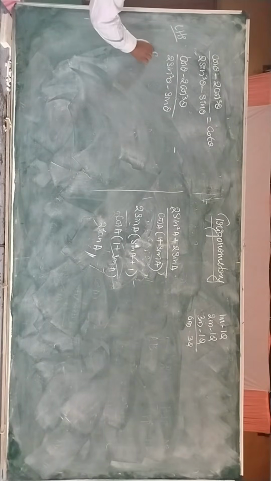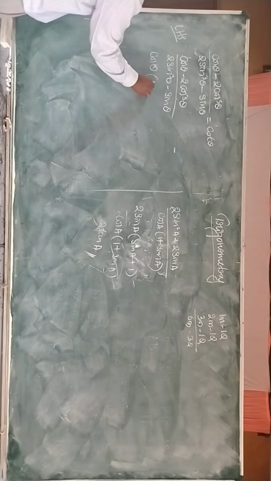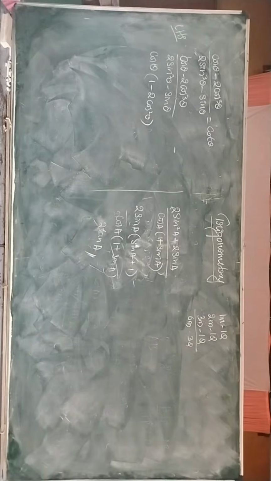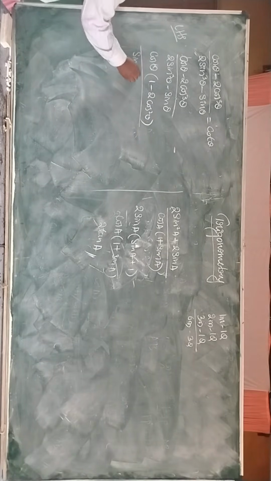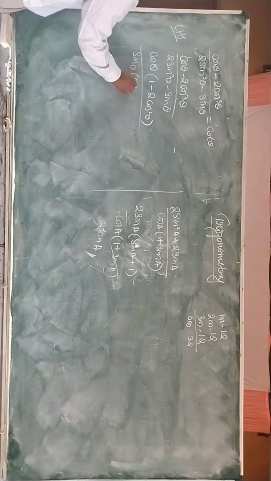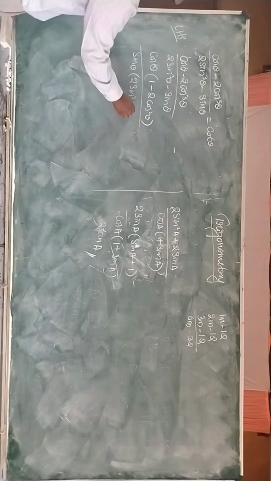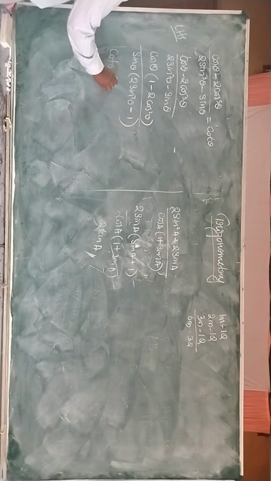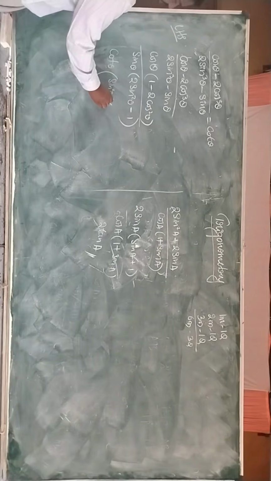Cos theta is common: cos theta into bracket 1 minus 2 times cos square theta, divided by sin theta common, sin theta into bracket 2 times sin square theta minus 1. Cos theta upon sin theta, cot theta into bracket, 1 you can write as sin square theta plus cos square theta.